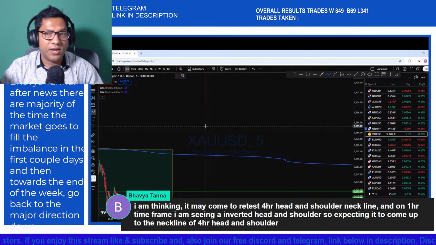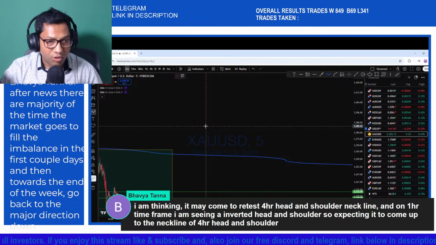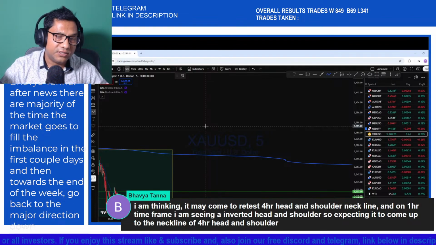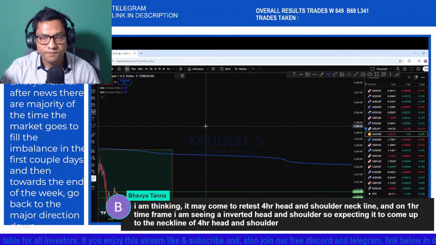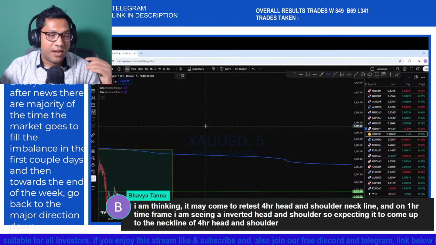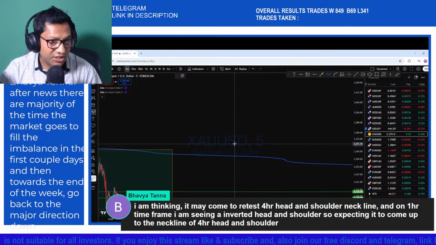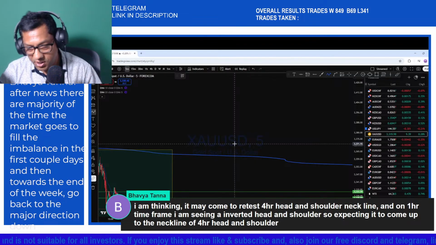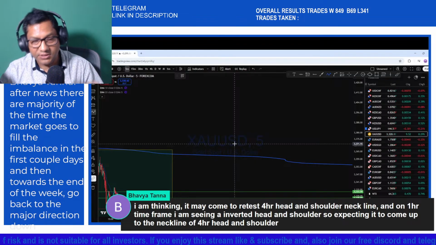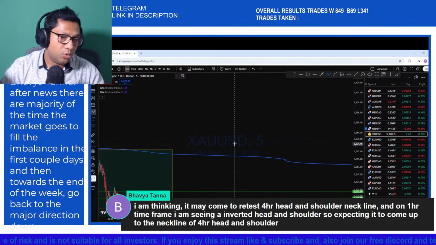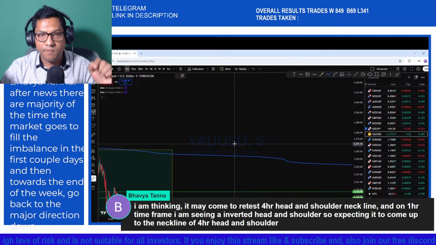The market will never move in one direction at all, right? It either goes up, down, or sideways. Now, when we see the trend change, where most of us think the market will change trend at some point, the market will never change the trend in one single move.